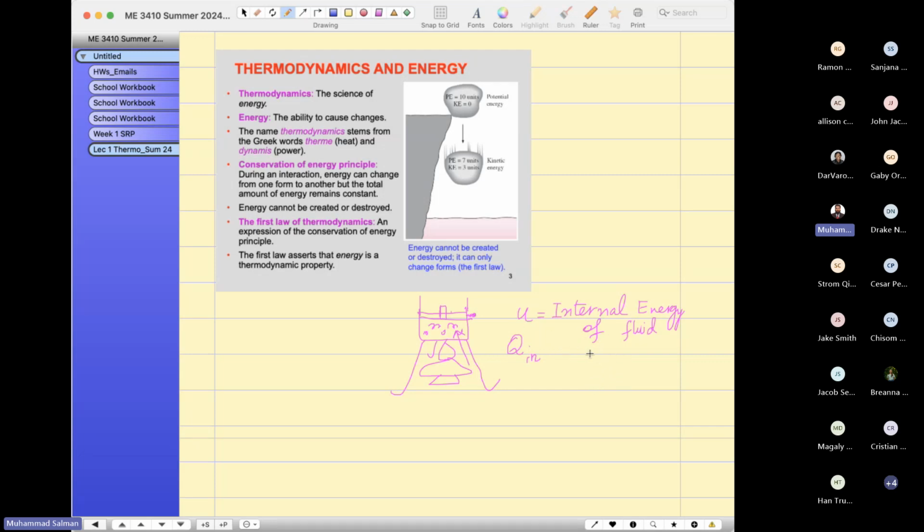The small u is the specific energy, and Q in is the heat supply, and Q in equals U2 minus U1.